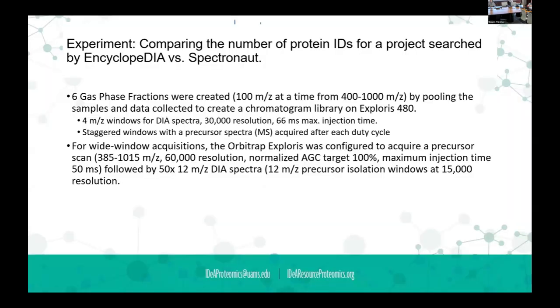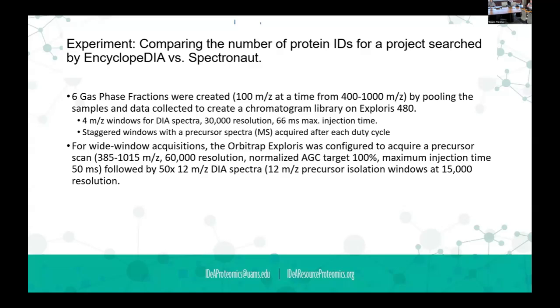Okay, so I'm going to move on. I've got one more here. This one goes back to what I alluded to a second ago: we switched over from EncyclopeDIA or Scaffold DIA to Spectronaut.